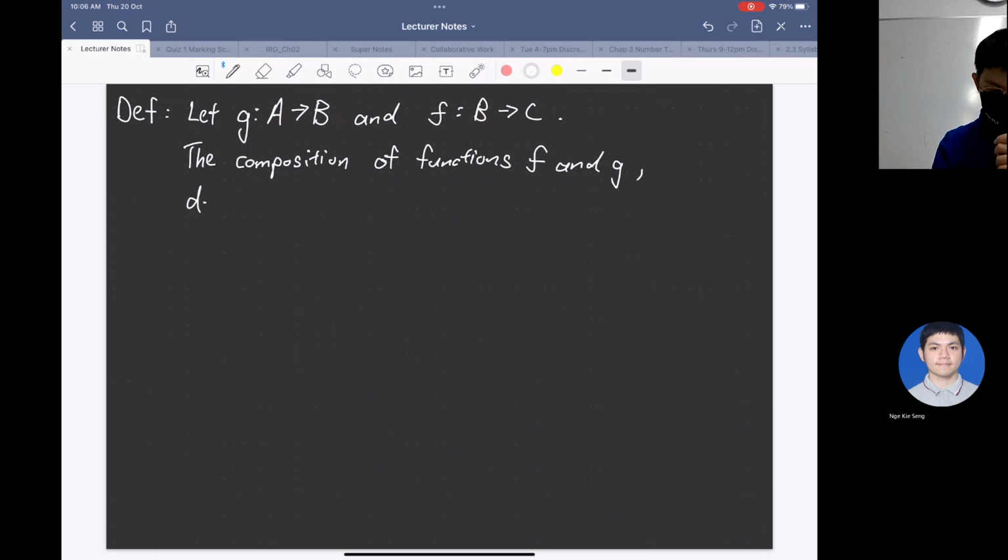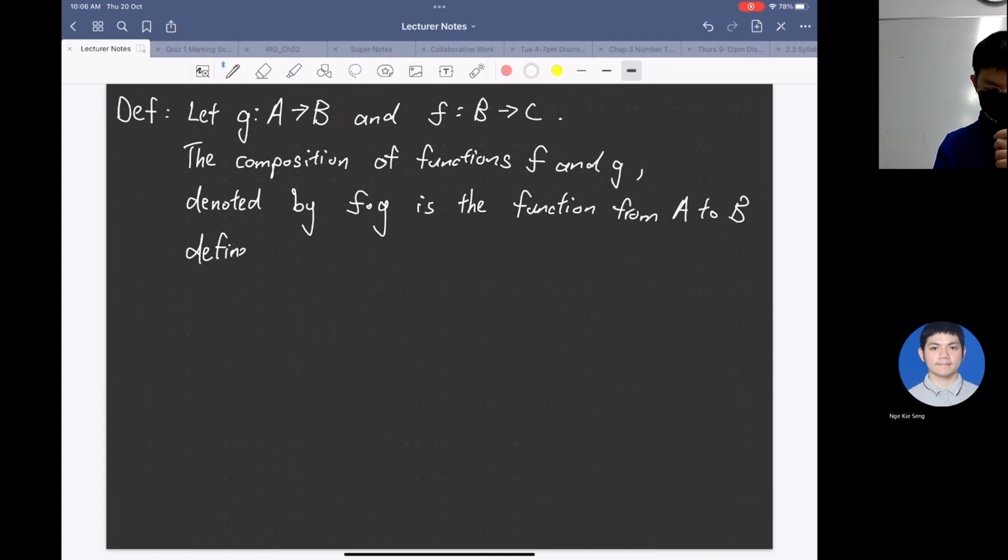So fg is the function from A to B, defined by, for every a in A. Okay.